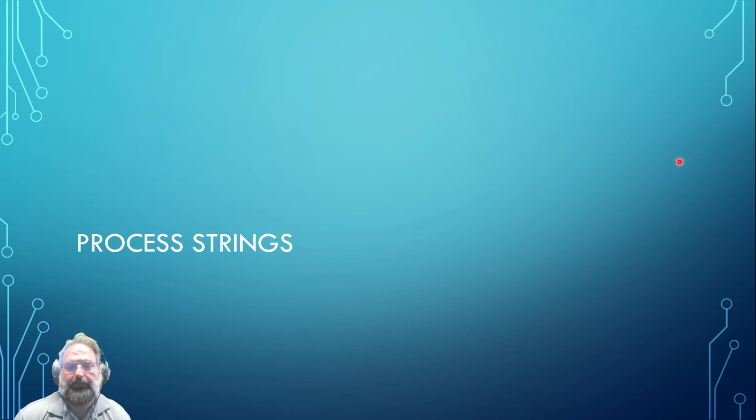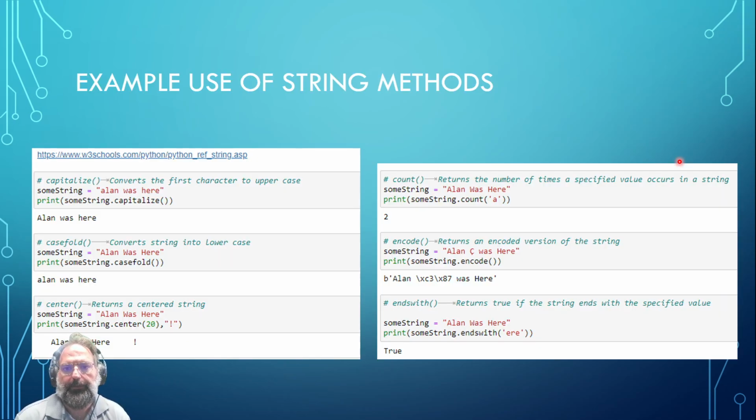So processing strings. Here are some examples of how to use various string functions. Lots of them. string.capitalize will capitalize the first letter in the string. Casefold will essentially do the inverse of the first letter. So Alan was here with capital A, W, and H turns into lowercase a, w, and h without impacting the other strings.